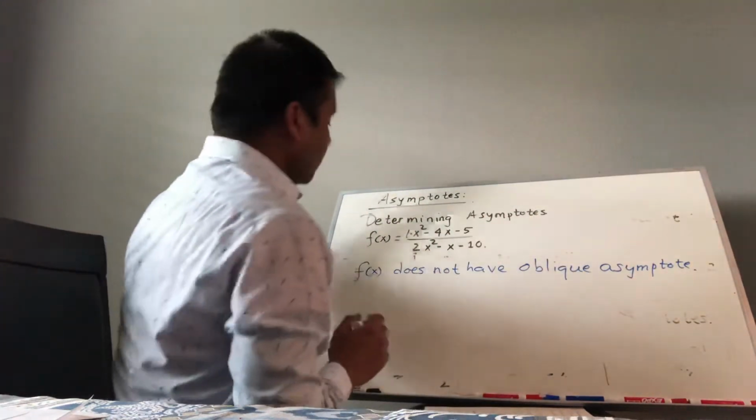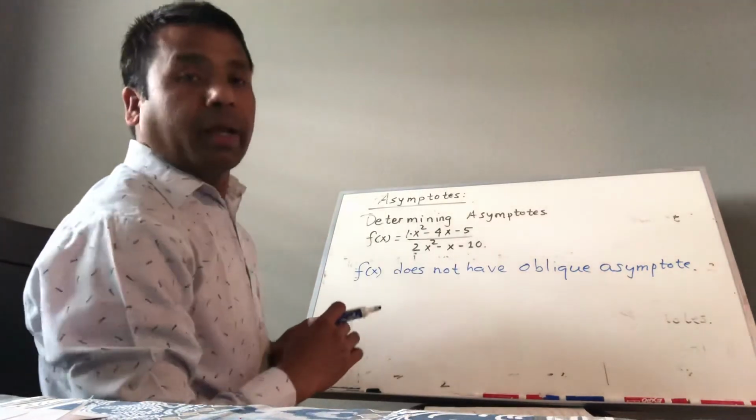Okay, so let me write down something about oblique asymptote.